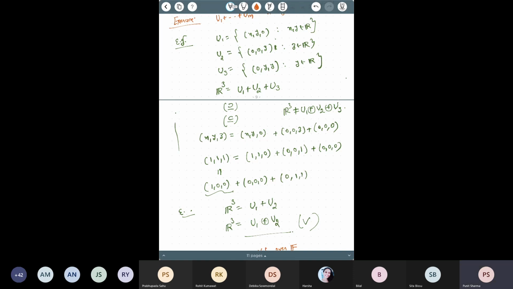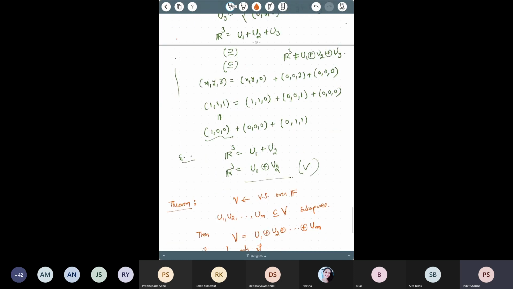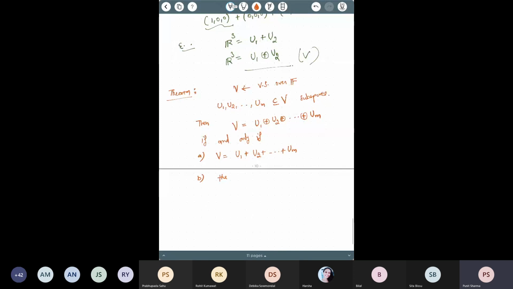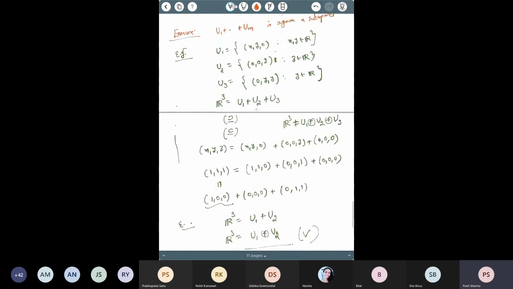The statement says U1 up to Um are the subspaces, possibly for the intersection of any two being the identity. Then, for the same argument, I will give you the same example here.